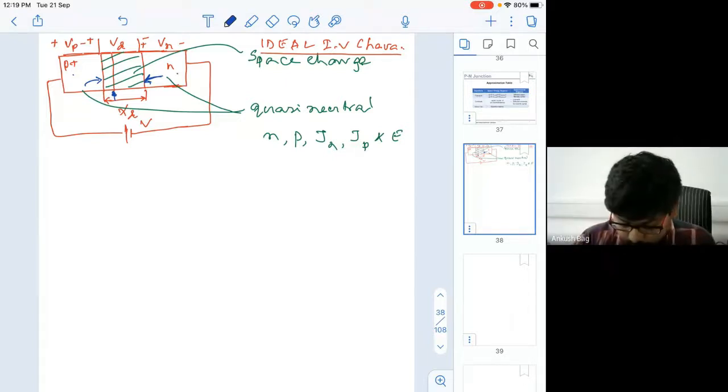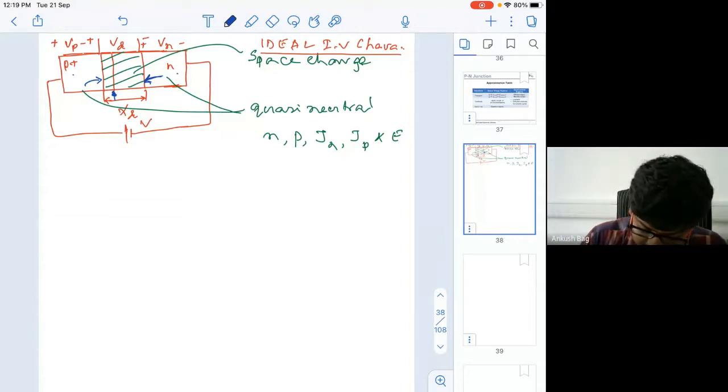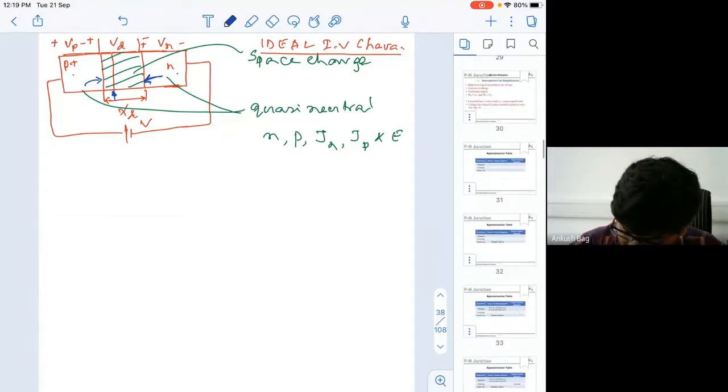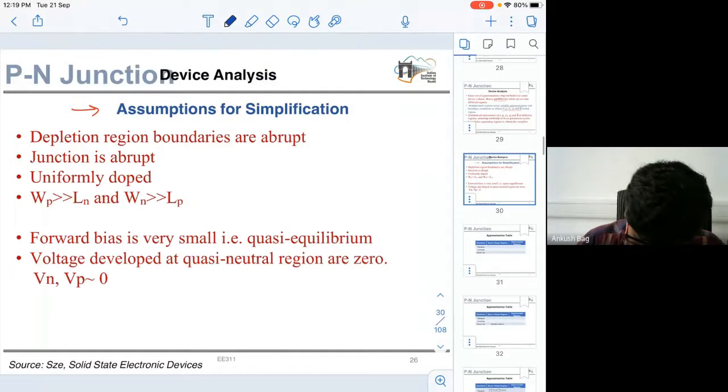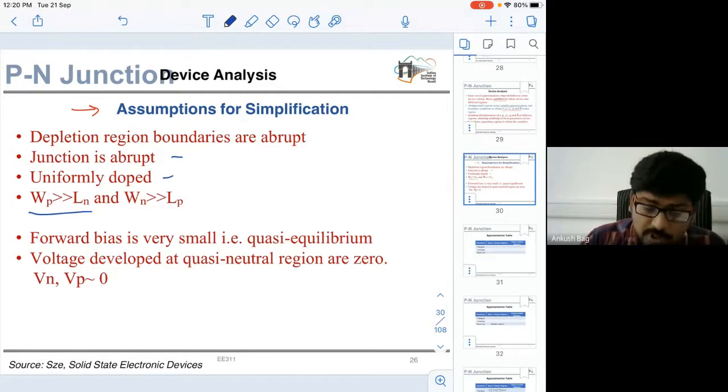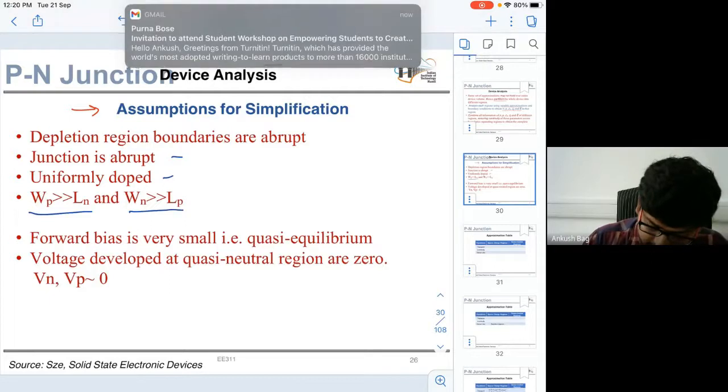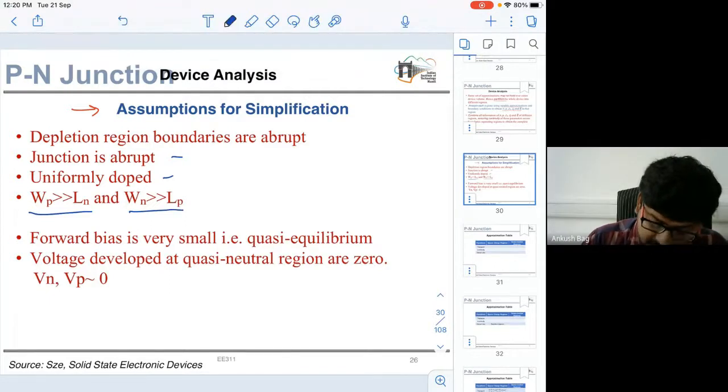So next condition. This is uniformly doped, junctions abrupt, and next condition is WP greater than Ln. That means the width of P region is greater than the diffusion length of electron, and then width of N region in this PN junction, P plus N junction, is very large than the diffusion length of hole.